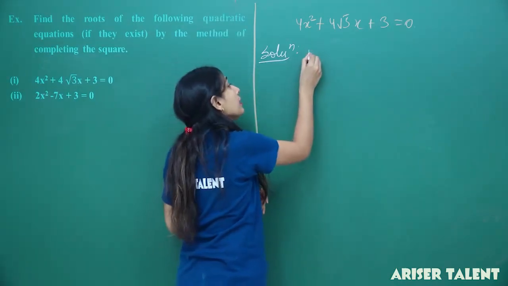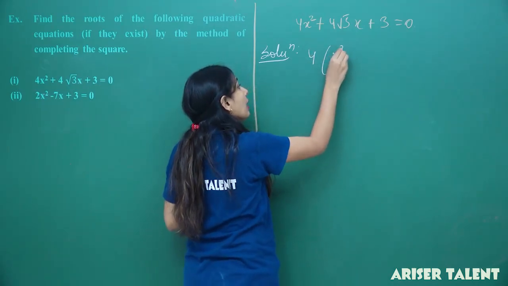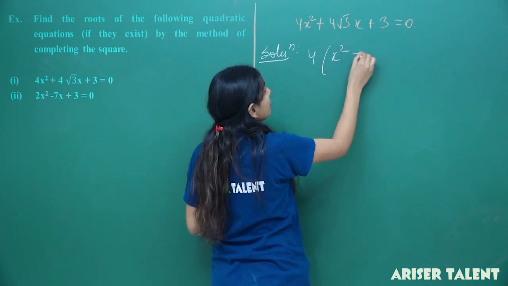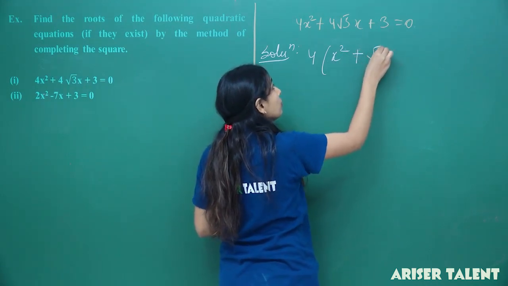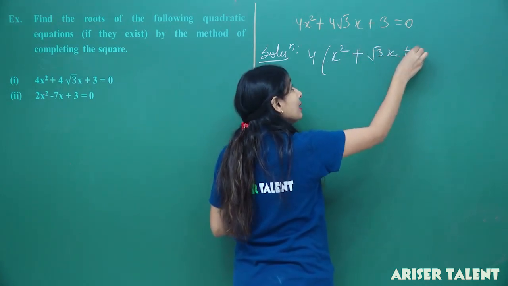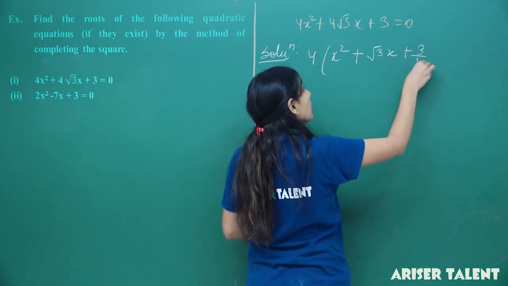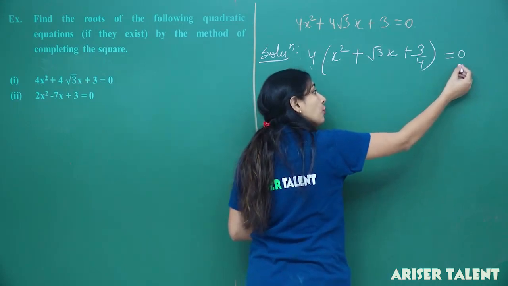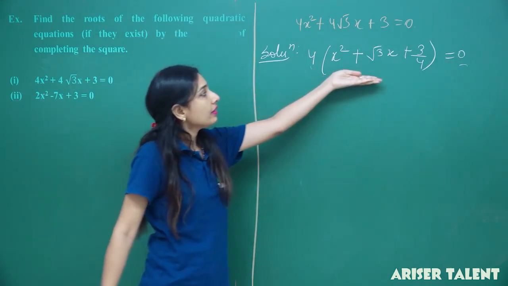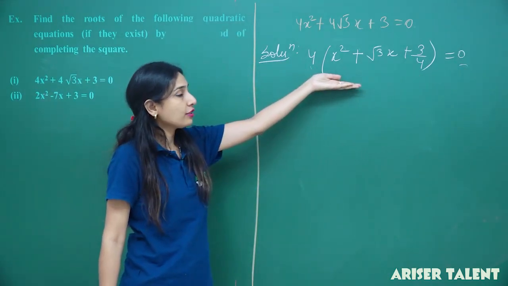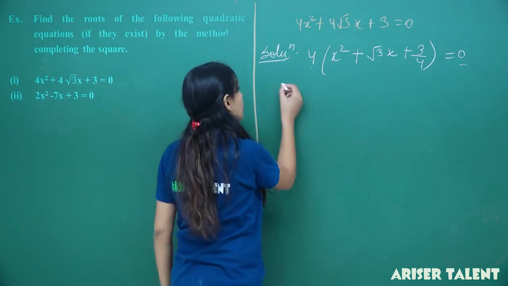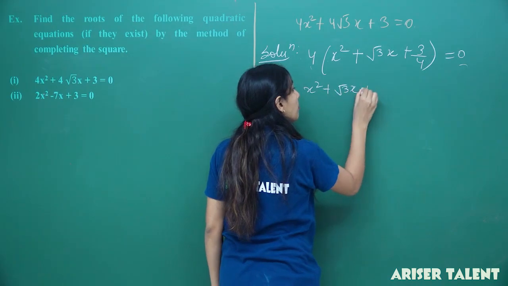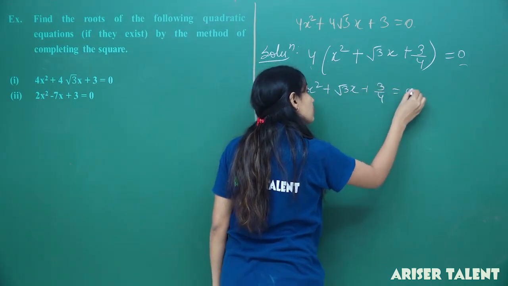Taking 4 common, I'll have 4 multiplied by (x square plus root 3 x plus 3 by 4) equals 0. Now if I transpose this 4 to here, that will be the actual equation remaining. So x square plus root 3 x plus 3 by 4 equals 0.